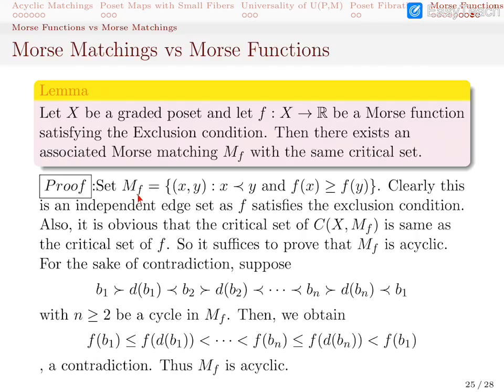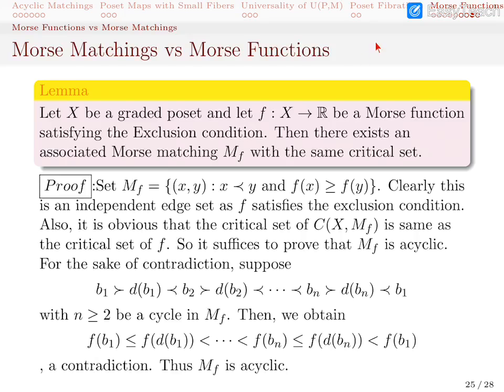And the proof is quite simple, so the Morse matching is almost immediate from the definition. We just take it to be those edges xy such that y covers x and f(x) is greater or equal to f(y). And this is an independent edge set, it just follows because f satisfies the exclusion condition, right?